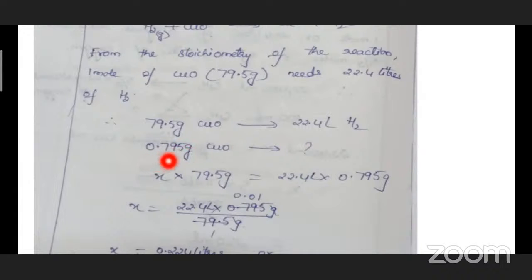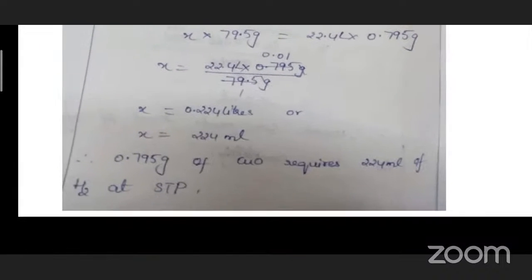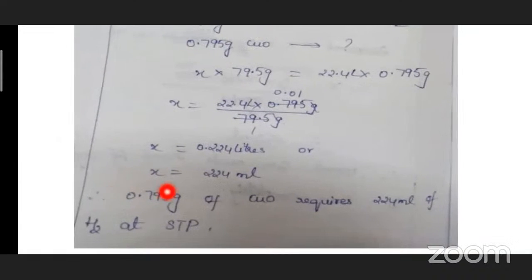So 0.795 × 22.4 = 79.5 × X. Upon further calculation this gives 0.224 liters.